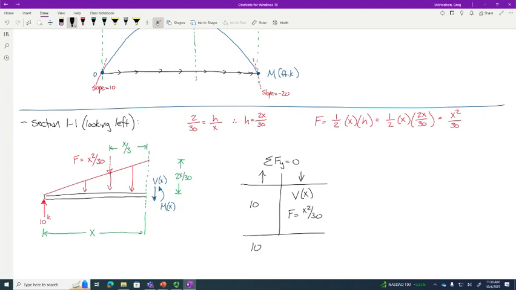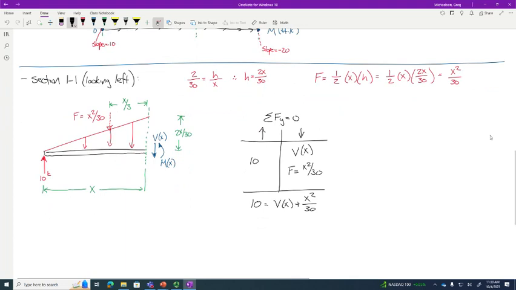I know this is getting into math land. So, would you agree with that? Let's put that up here.